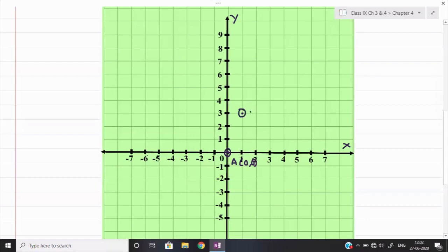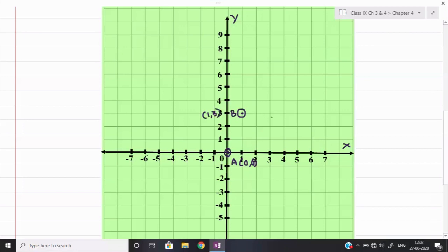So this is my point B, that is 1 comma 3. I will mention this is my point B, and the coordinates 1 comma 3.